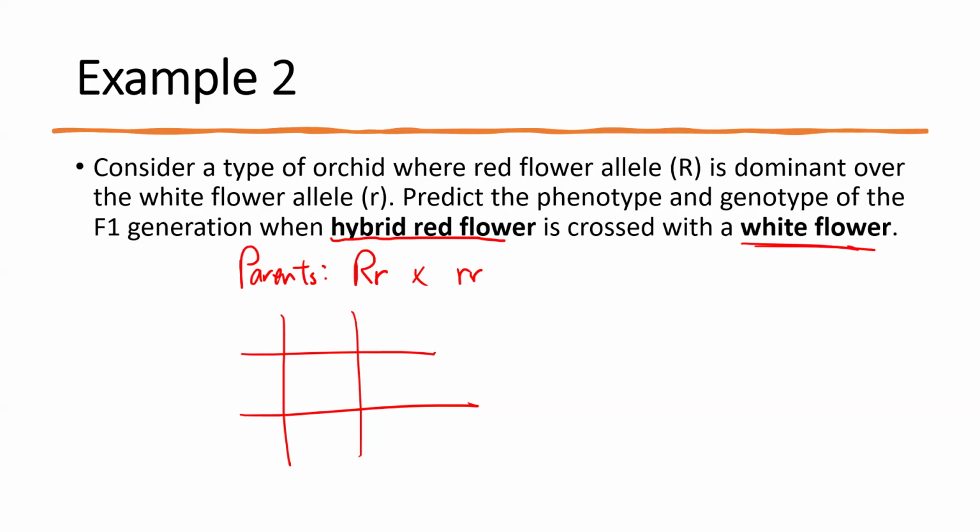So these are the results, right? 2 out of 4 are big R, small r, so that's 50%.